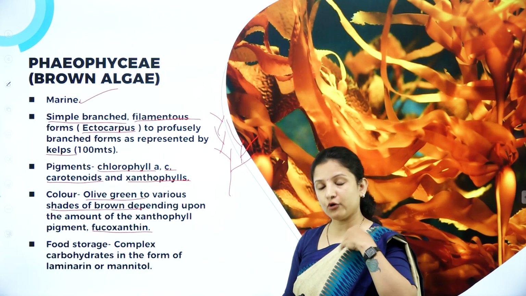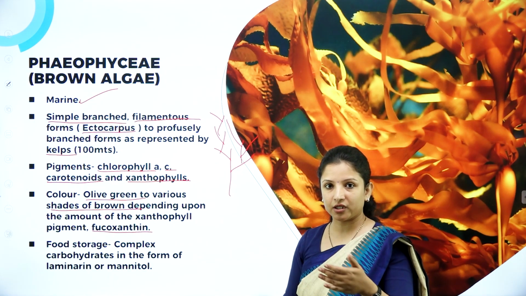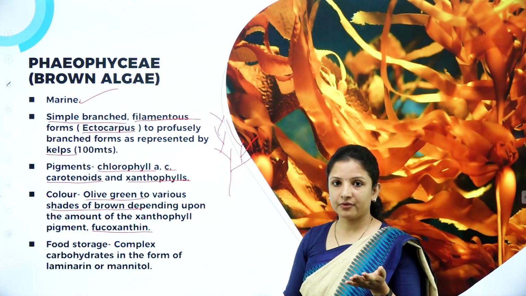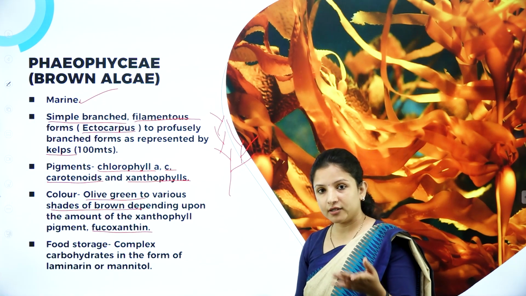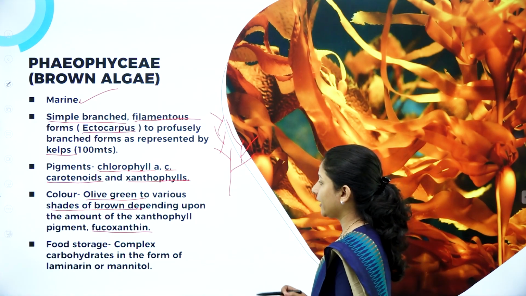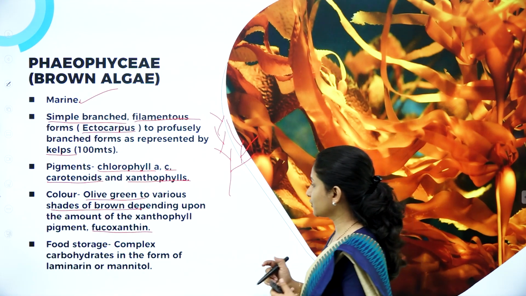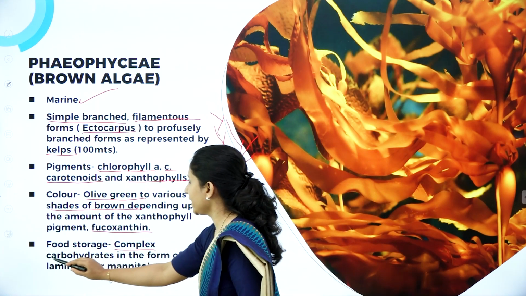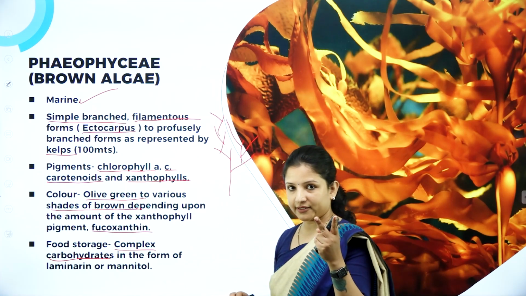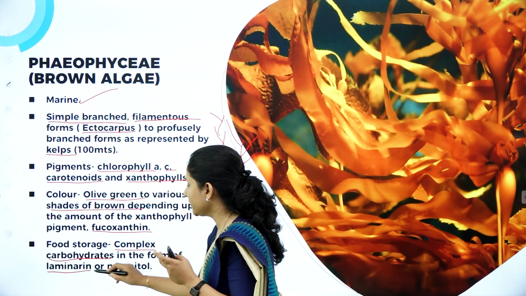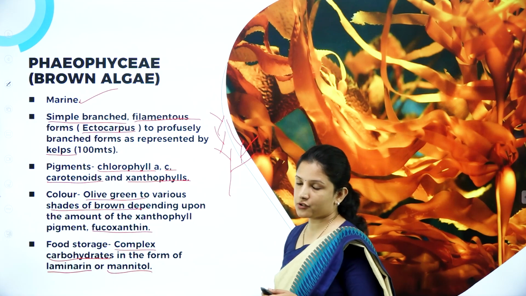Based on how much fucoxanthin is present in that particular Phaeophyceae algal member, the color varies. It can be olive green to different shades of brown. And talking about the food storage, the food is stored in the form of complex carbohydrate, that is, either in the form of laminarin or in the form of mannitol.